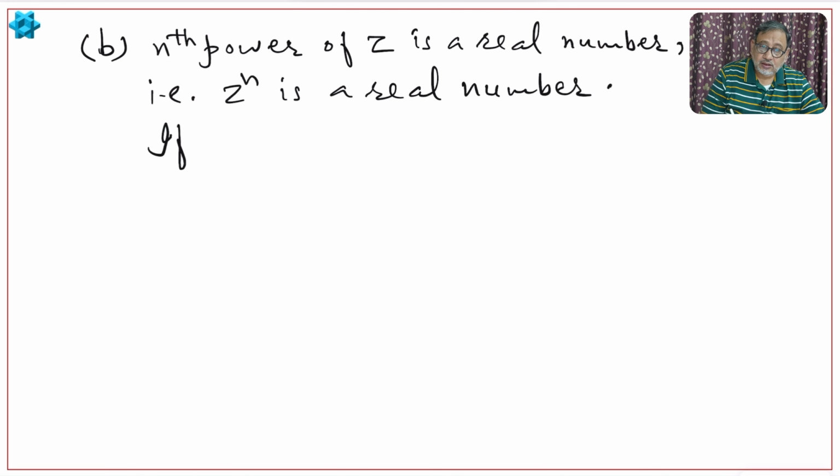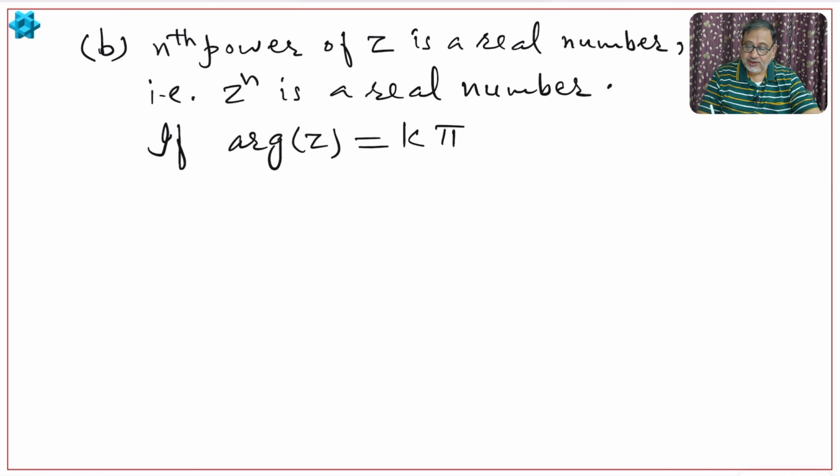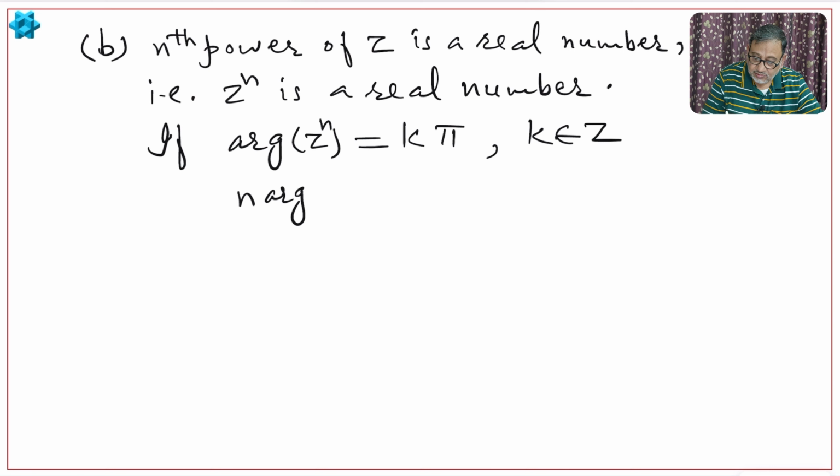that is z to the power n is a real number if the argument of z is some multiple of pi, k pi, where k belongs to z, is an integer, right? Okay. So what is argument of z? But this should be argument of z to the power n, and we know that argument of z to the power n becomes n into argument of z, which should be equal to k into pi.